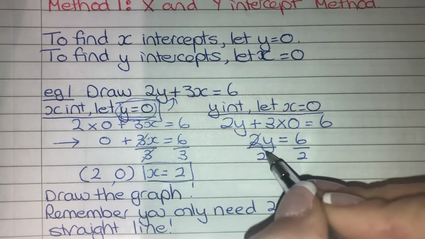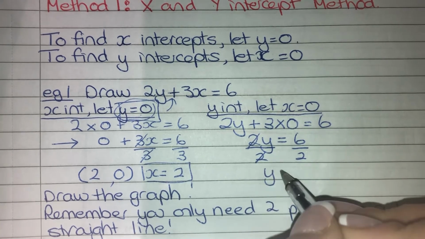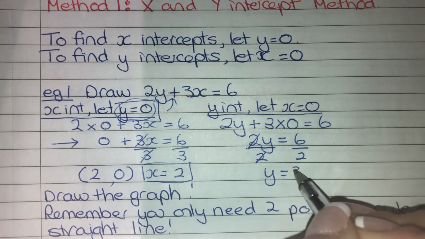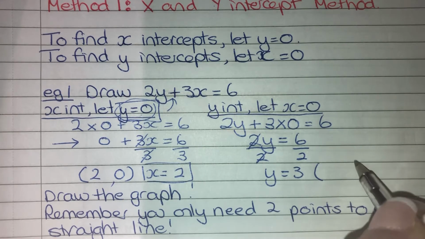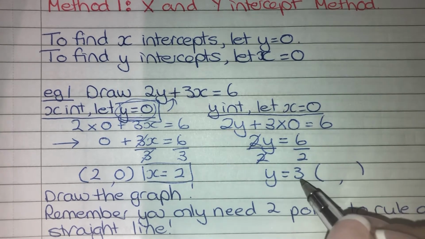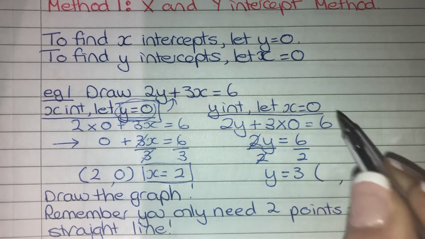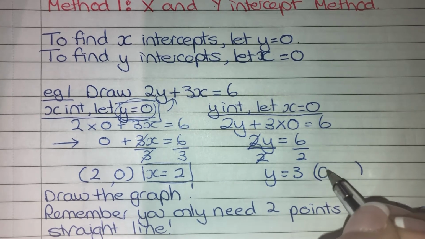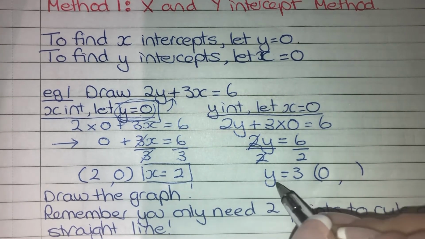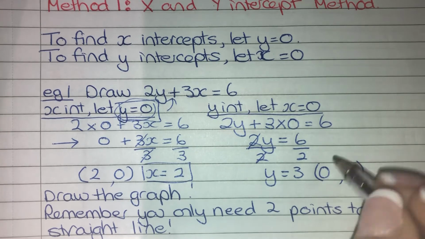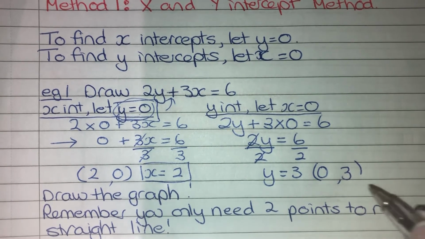Whole plan is to get y by itself. y will equal 6 divided by 2, which is 3. What have we just found? Write down your coordinate. You've told us that you wanted x to equal 0, so we put that in. And we want to find y, and we've found y equals 3. So there's your other coordinate.